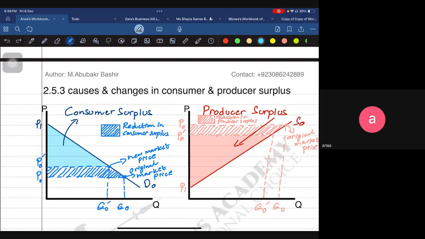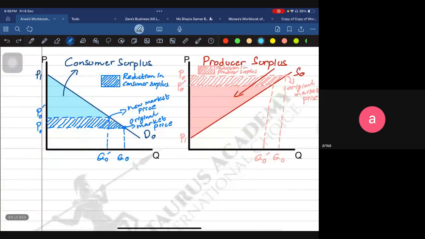And I'm going to write this as well here so that you have an idea. So I'm going to mark a line here between this.